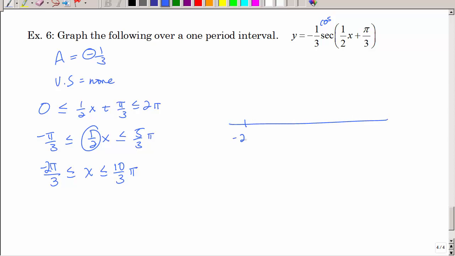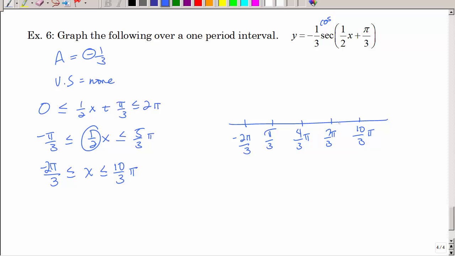So here's my beginning and my end. Again, doing all the math to figure out the tick marks. I just add those and divide by 2, so that'd be 8/3 divided by 2 is 4/3. Same thing here, and that's going to be 1/3 pi, and that's going to be 7/3 pi.